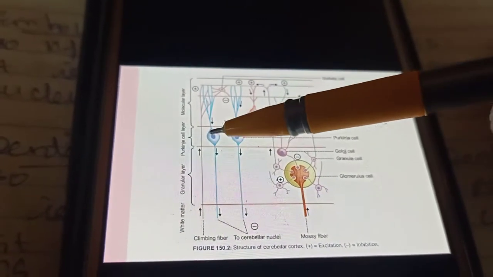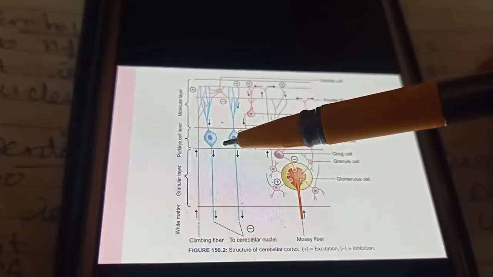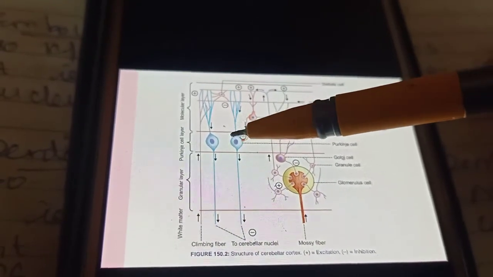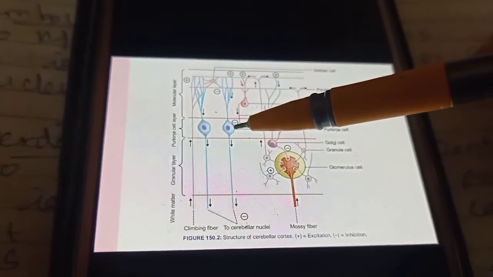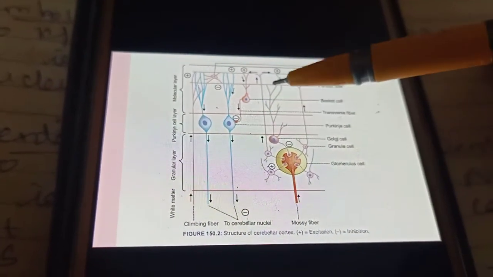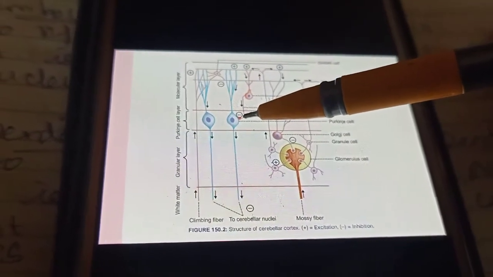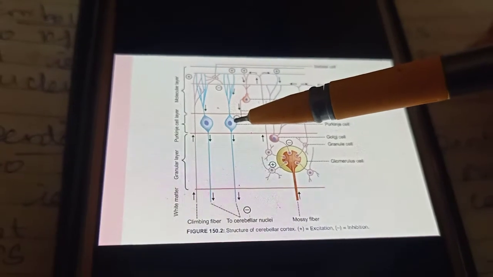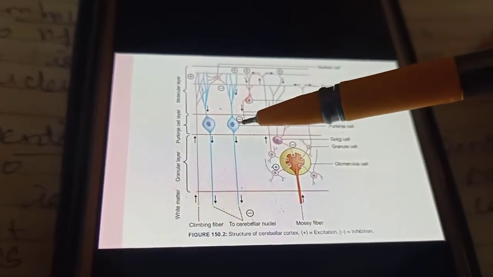You understood? So this cell is very, very important.